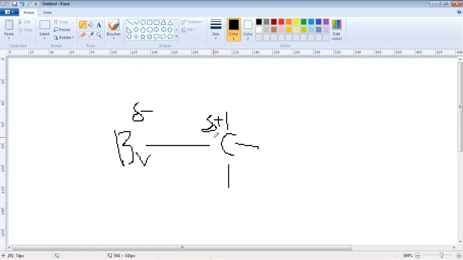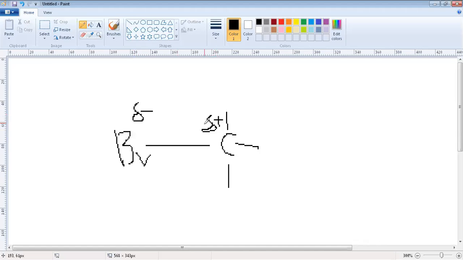Now, it depends on what? It depends on the effect of the group here. If I put a bromine or any withdrawing or highly electronegative group, this will be partially negative and this will be partially positive.